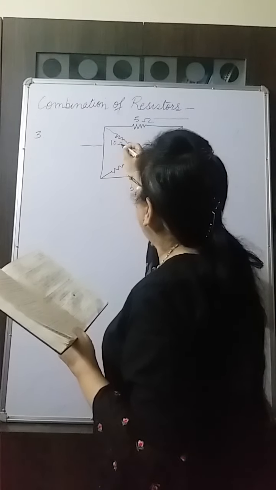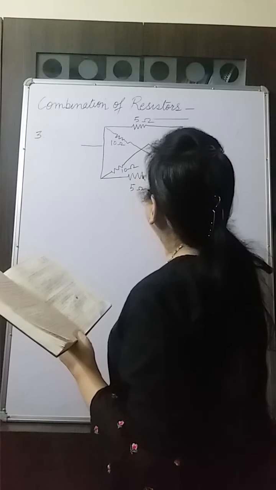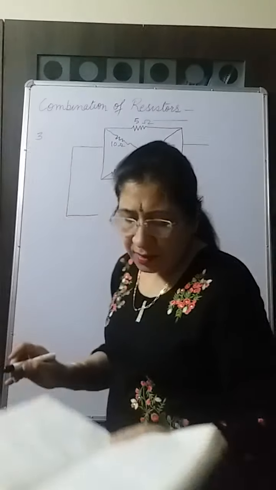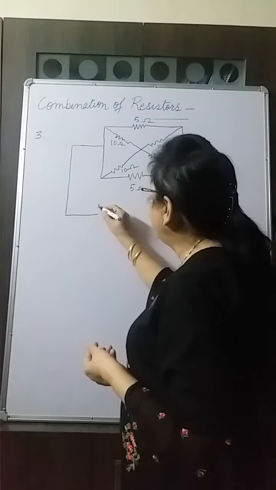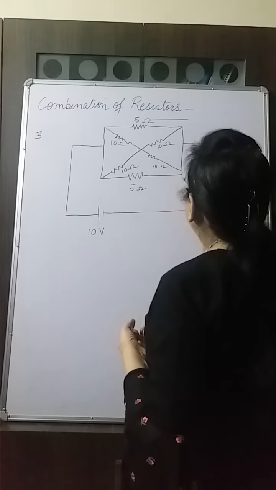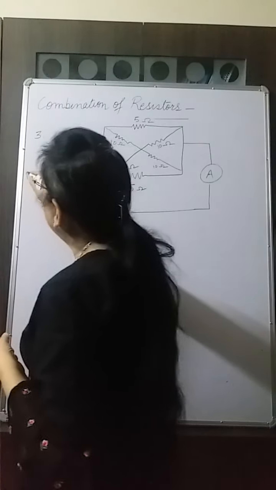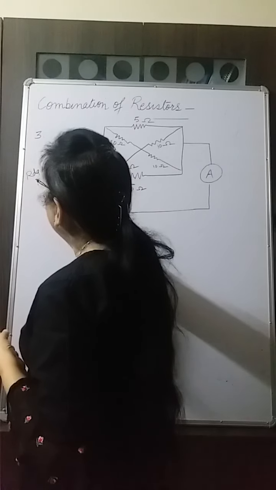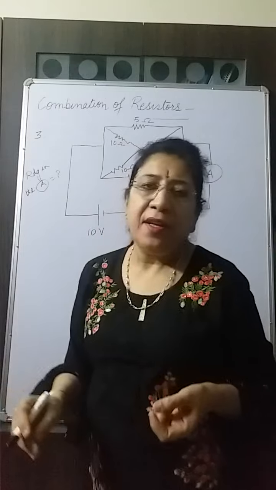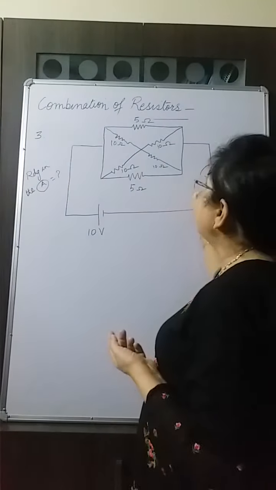Inside all the resistors are 10 ohm each. And this combination is connected to a potential difference of 10 volts and an ammeter is connected here. We have to find the reading in the ammeter, that is, the current that is flowing in this circuit.